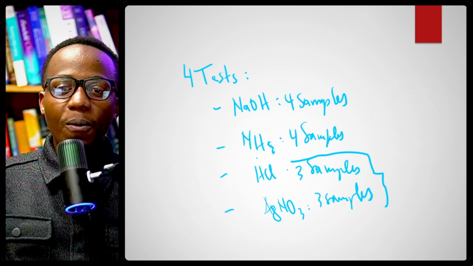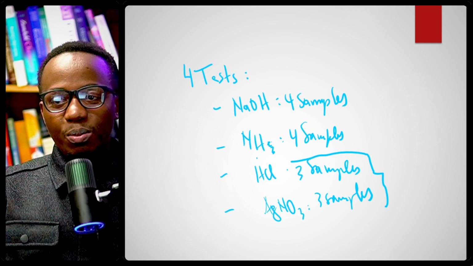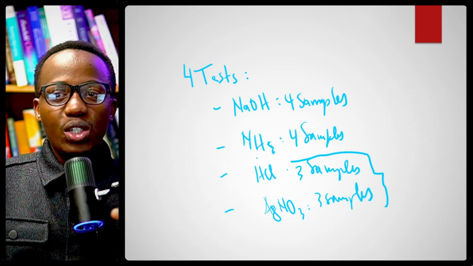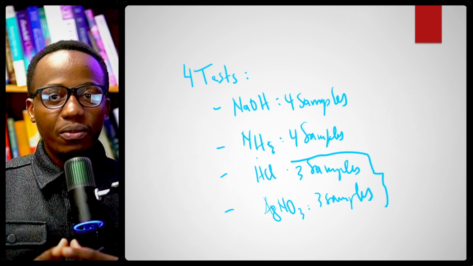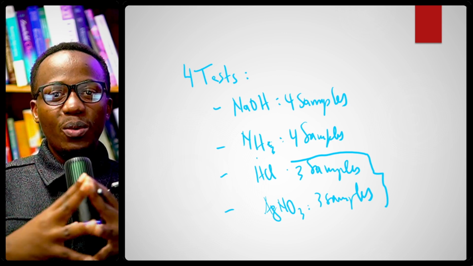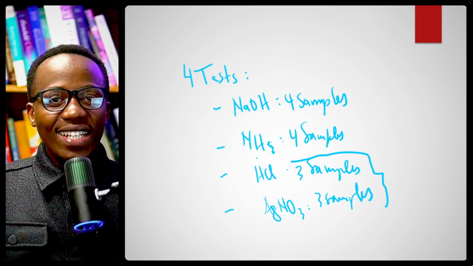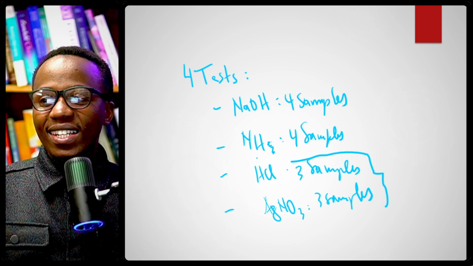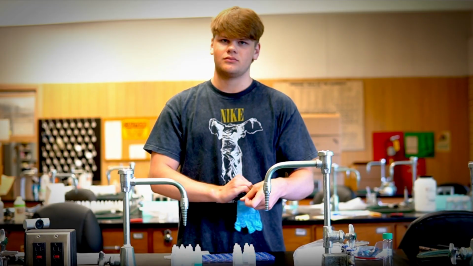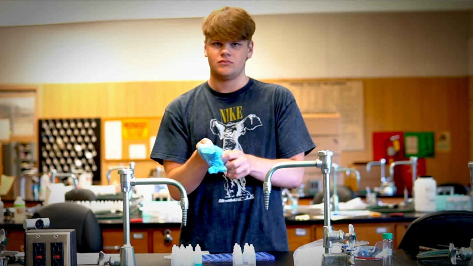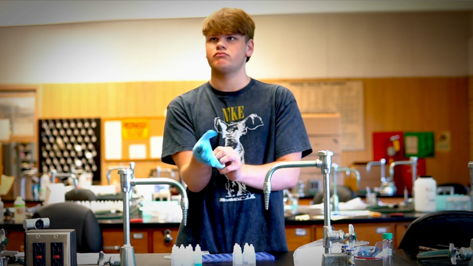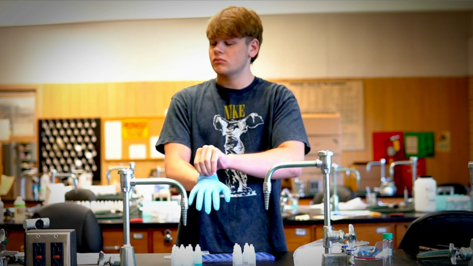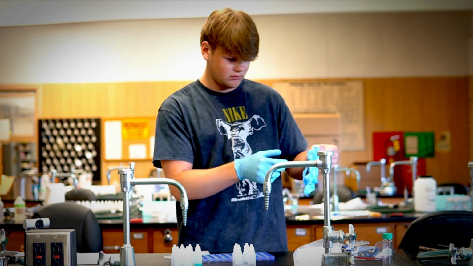All right. So this lab should be easy, should be fun, but make sure that you are well protected because some of these chemicals are nasty. But without further ado, let's get started. Since we're working with dangerous chemicals in today's lab, you're going to start by putting on your gloves and goggles.